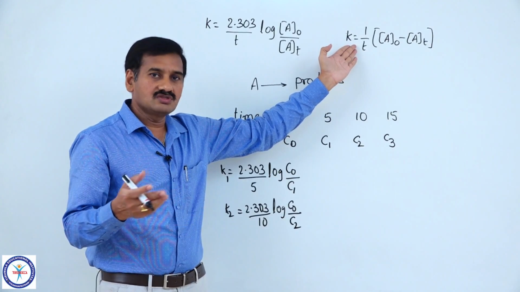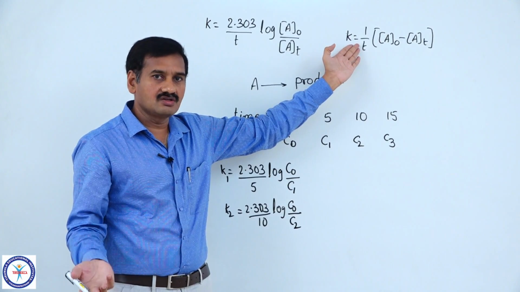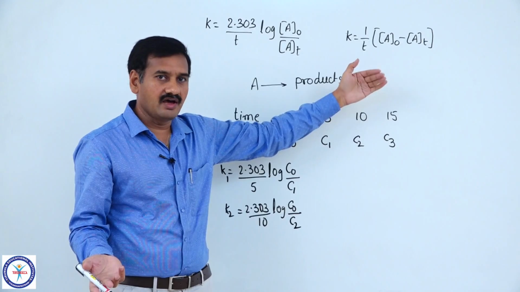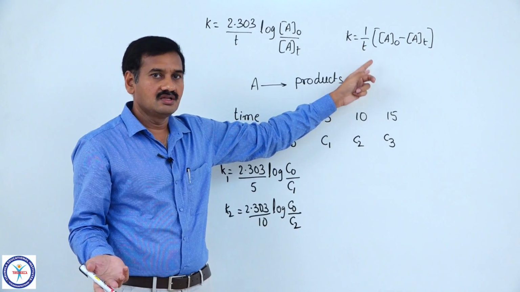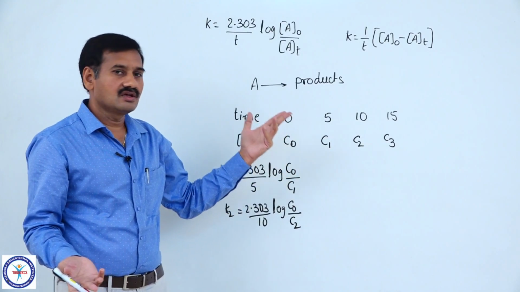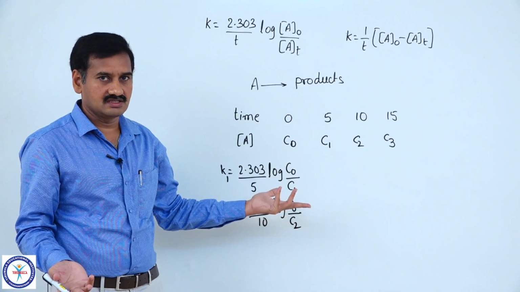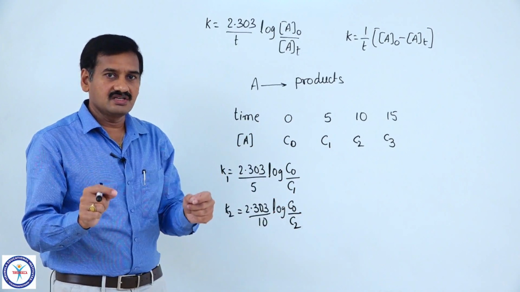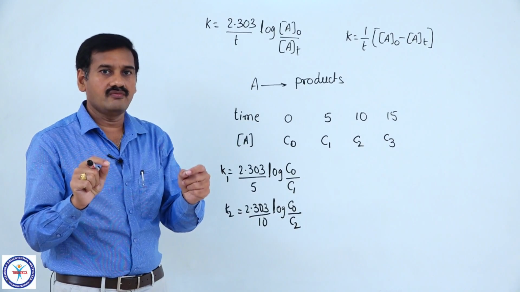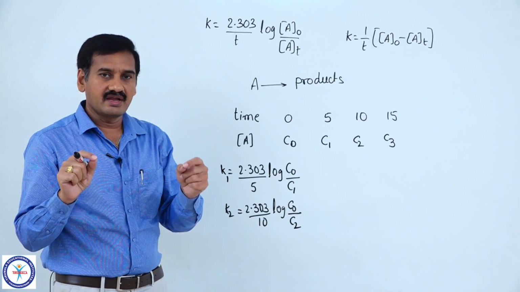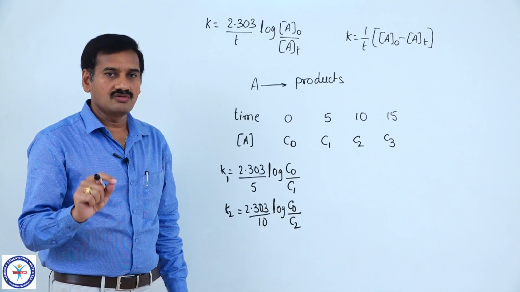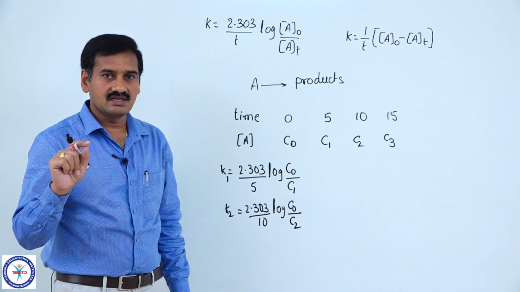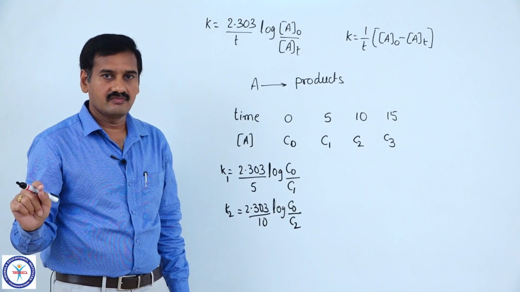From the first time to the second time, if the K value remains constant by substituting the values in the rate equation for 0 order rate constant, definitely you can say that the reaction is following 0 order kinetics. So in whichever equation, by substituting the values of concentration, we get a constant value of rate constant, we have to say that the particular reaction is following that order.